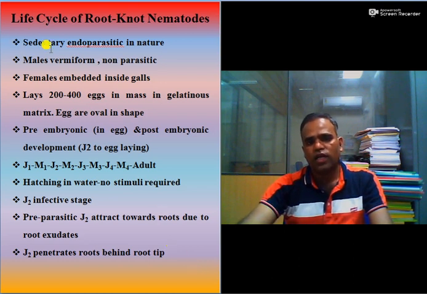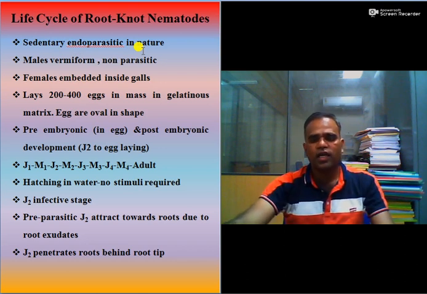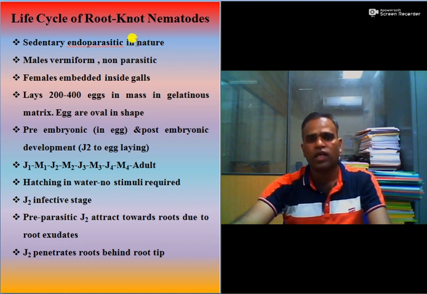It is sedentary endoparasitic in nature. So what is sedentary? Sedentary is nothing but sessile. Endoparasitic means when they insert in the root, they remain there. At that particular place only they remain attached, as sessile. That is why these are called sedentary endoparasitic nematodes.